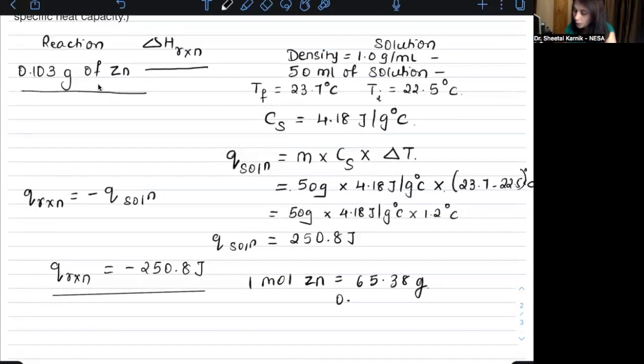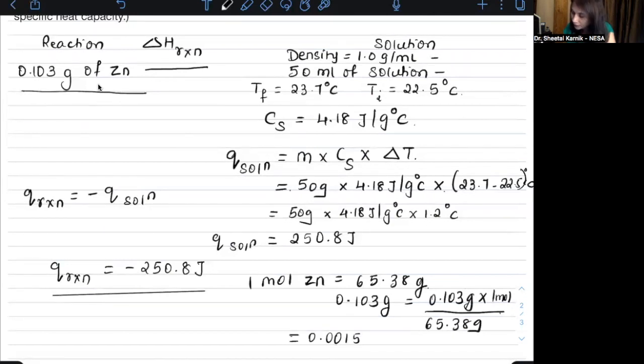Therefore, 0.103 grams of zinc is equal to 0.103 multiplied by 1 mole divided by 65.38 grams. And this equals 0.00157 moles of zinc.